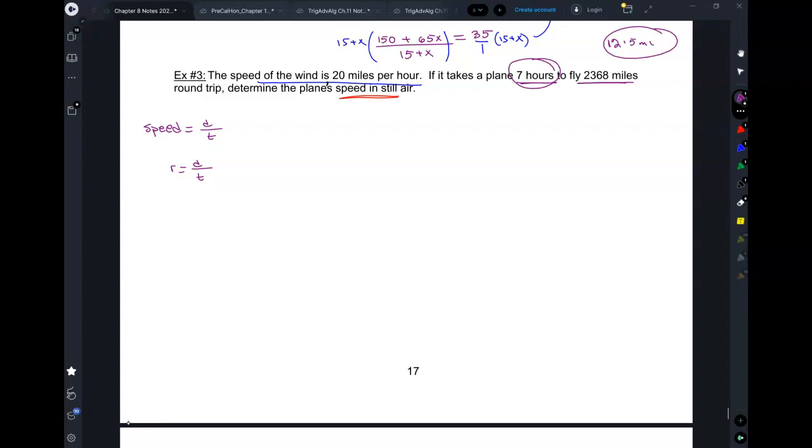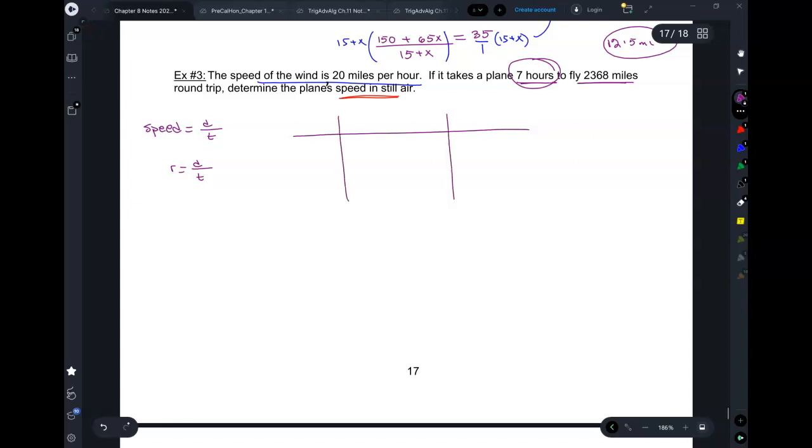Okay, so here's how we're going to do this. We're going to create a little table for us again. So time it takes with the wind. Time it takes if you're going against the wind.